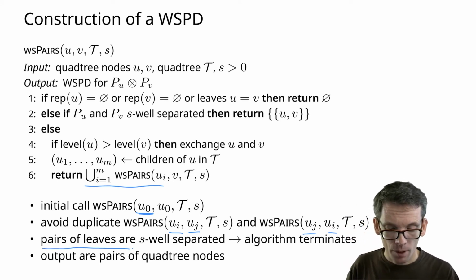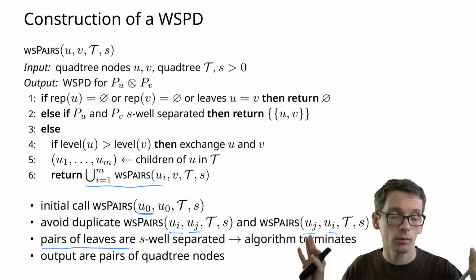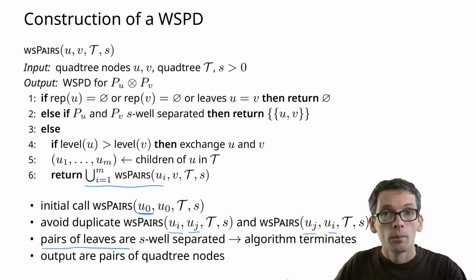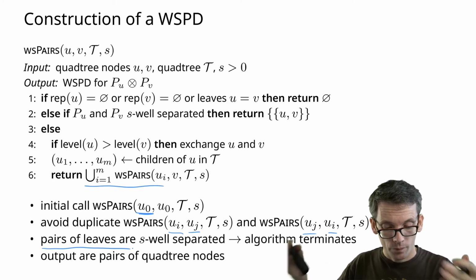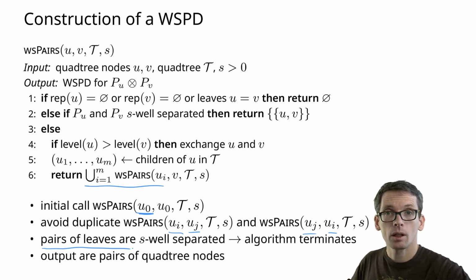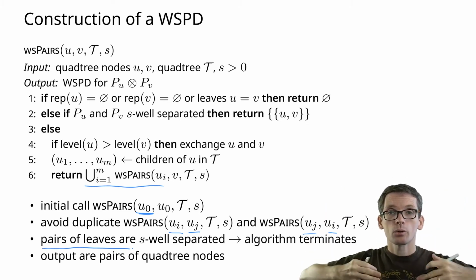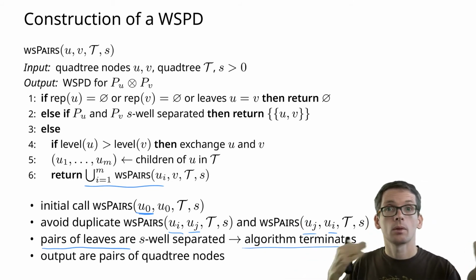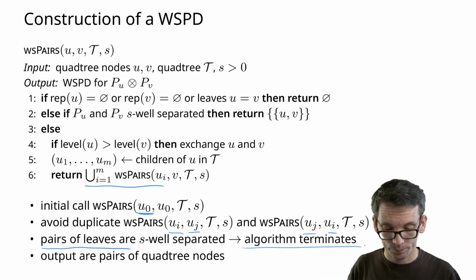If I have a pair of leaves, if one of them doesn't contain a point, then we're fine anyway. And if they both contain points, because pairs of singletons are always well separated, in particular meaning that our recursive algorithm, because it always goes down the tree, eventually we reach leaves. So this algorithm actually always terminates. Obviously, we want to actually prove something about the running time, but at least it terminates.